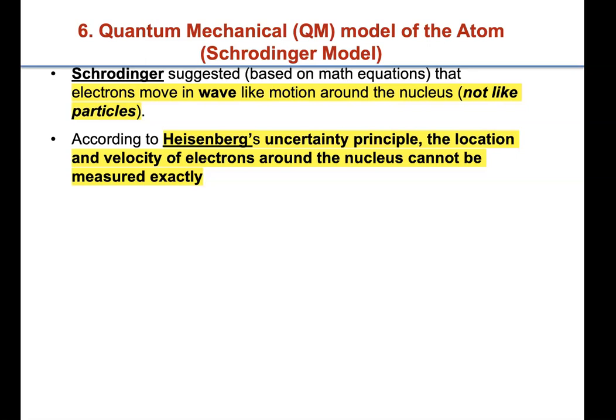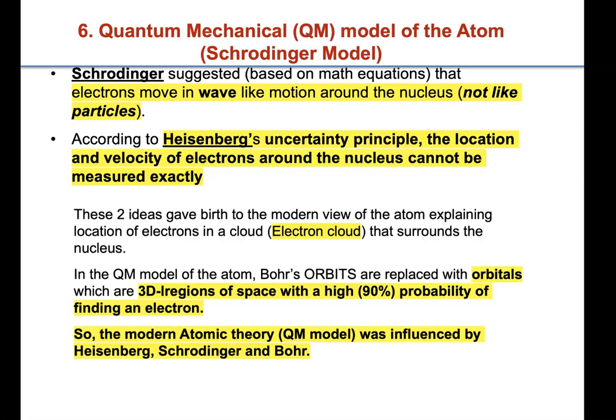And at the same time, Werner Heisenberg proposed the uncertainty principle, saying the location and velocity of an electron around the nucleus can't be measured exactly, because if you measure one, you change the other one. This led to the idea that electrons possibly move like waves and particles.